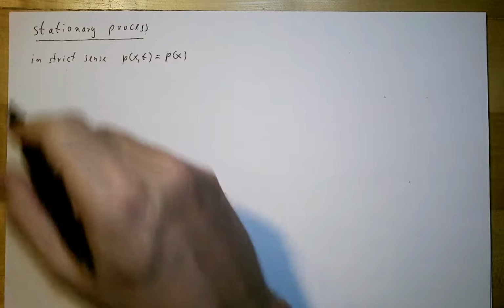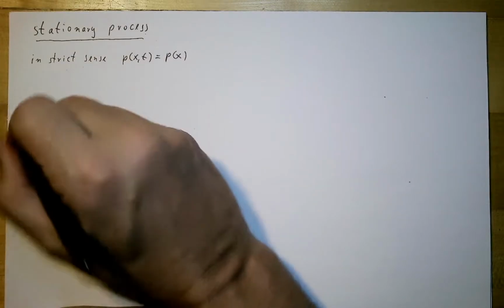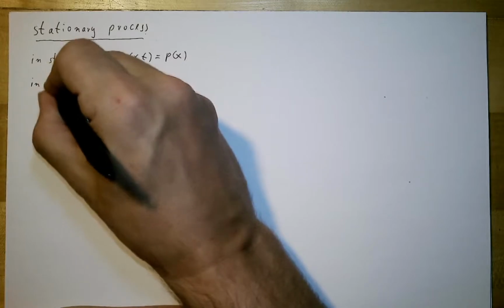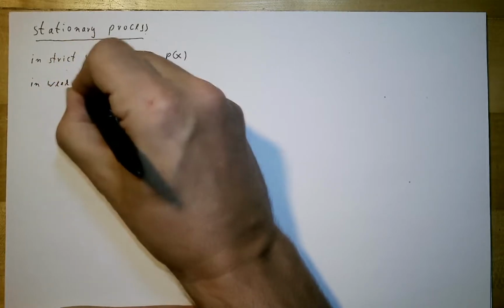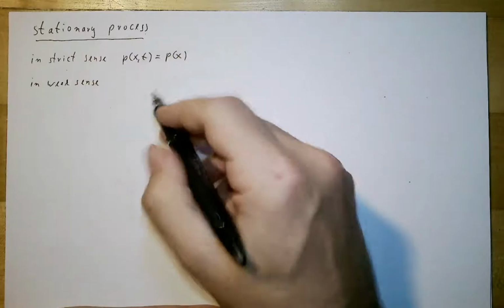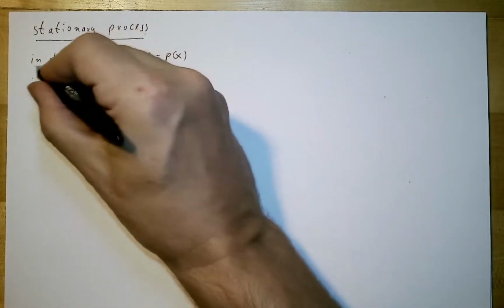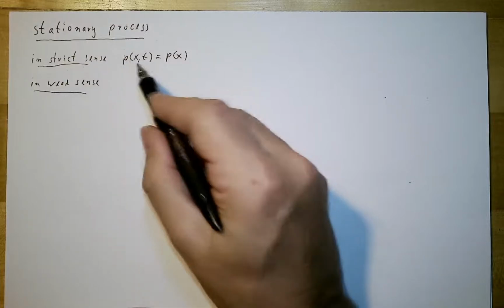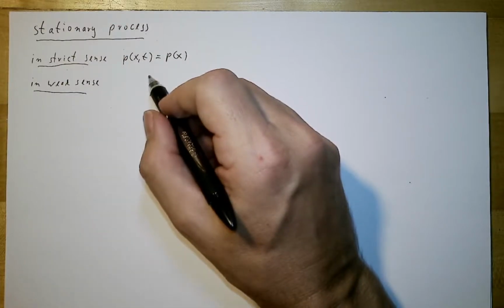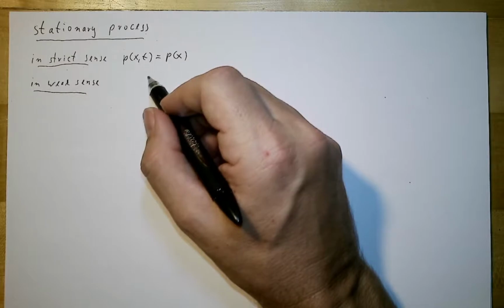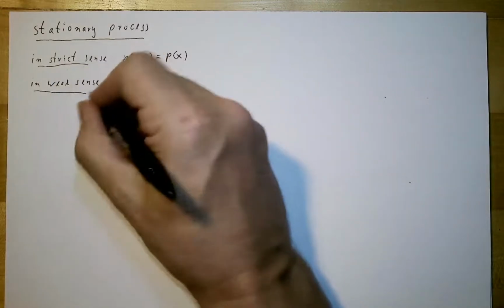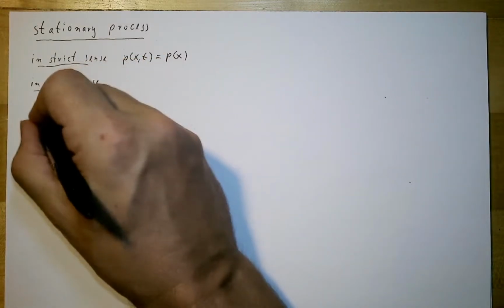Sometimes stationary is used in a weak sense. And that means that we don't know what's happening with the probability distribution, but we know something about the moments. And for the moments, stationary means, let's write it down.